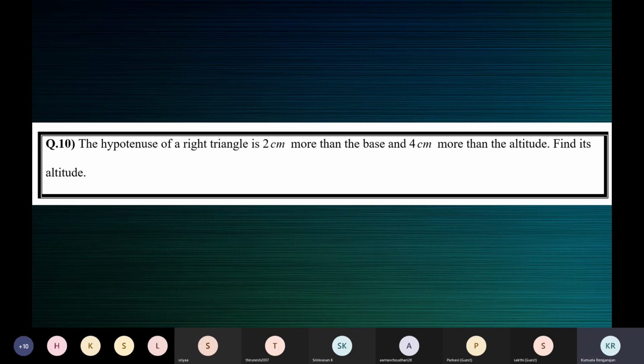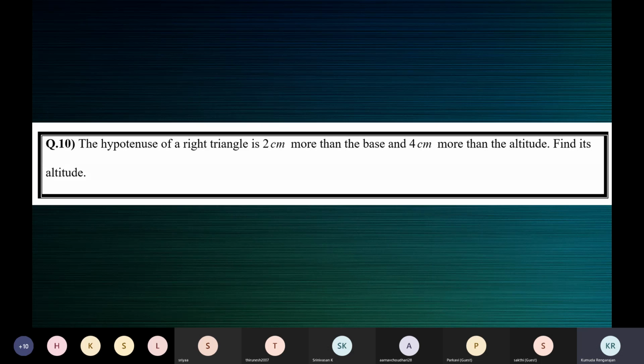The hypotenuse of a right triangle is 2 centimeters more than the base and 4 centimeters more than the altitude. Find its altitude. Now remember, children, we had one question on a rectangle, shorter side, longer side, diagonal, where we shrunk the information and made some small equations.